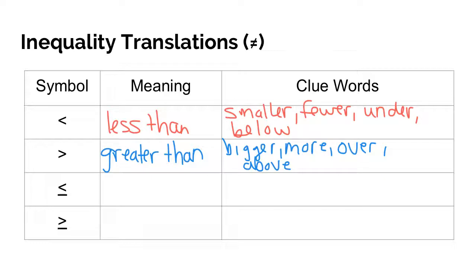These last two symbols that you see, these are combination symbols. So this next one means that you have something that is less than or equal to. Some clue words might be at most, no more than.